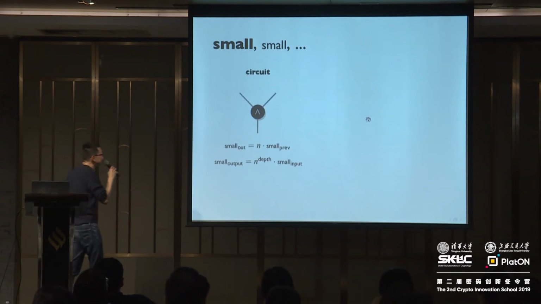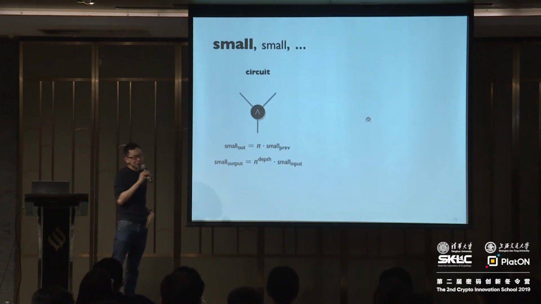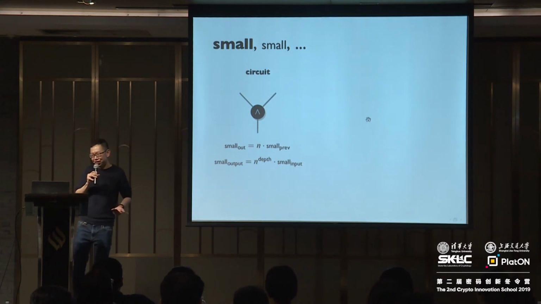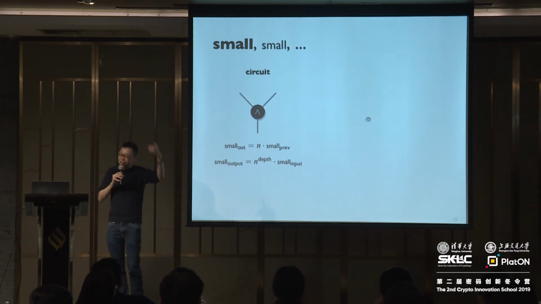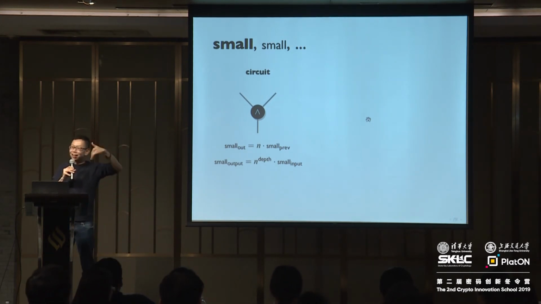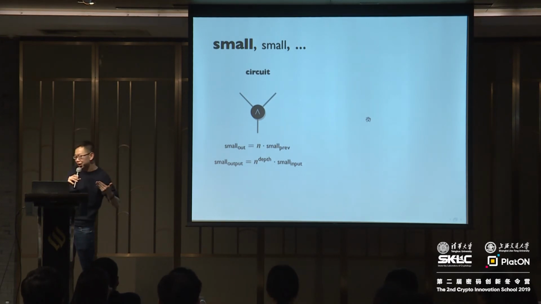Okay, the second idea is that, in general, we actually want to do homomorphic evaluation of circuits. Right? If you think about circuit evaluation, you think about the top as being the input wires and the one below as the output wire, and this is essentially an AND gate, which is like a multiplication gate.